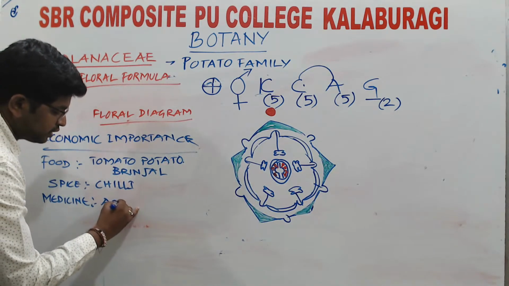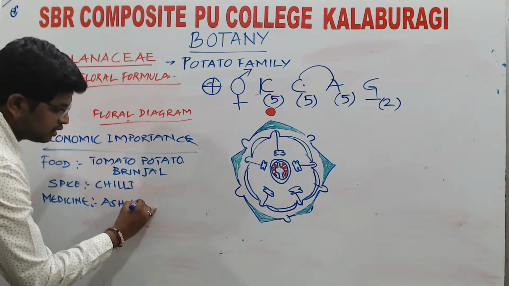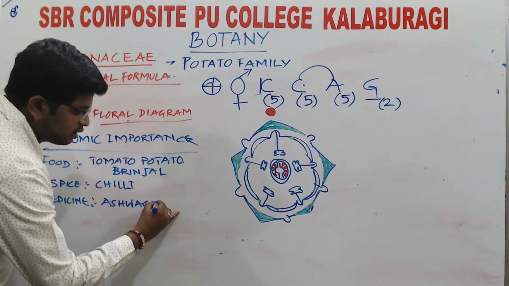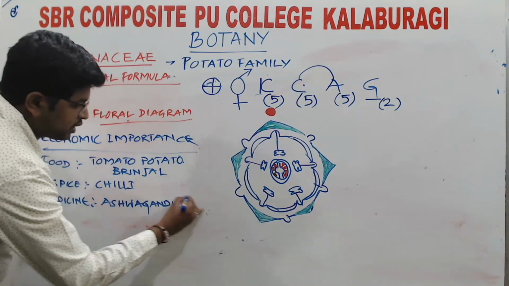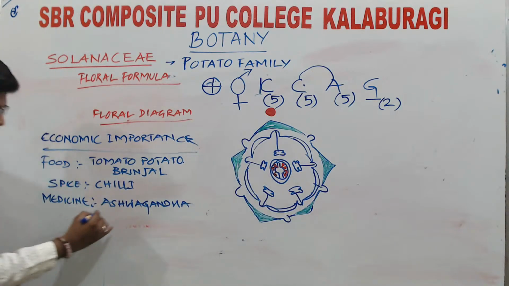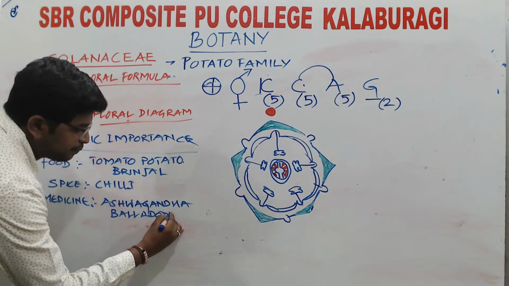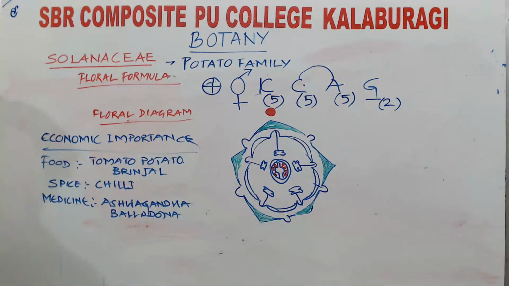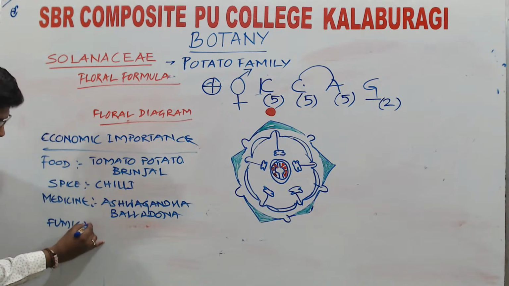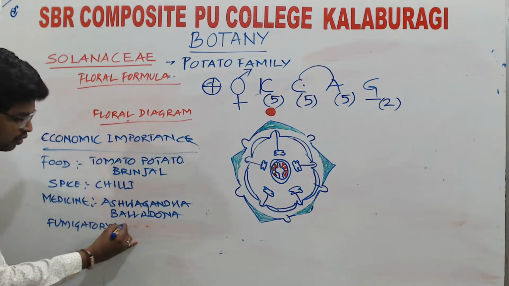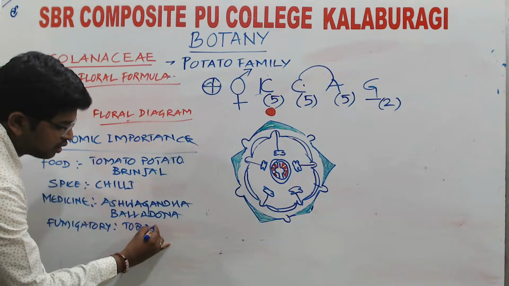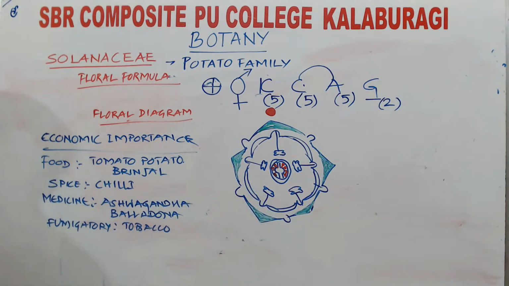Okay, ashwagandha. Next is belladonna. Similarly, the next important thing is fumigatory, that is tobacco.